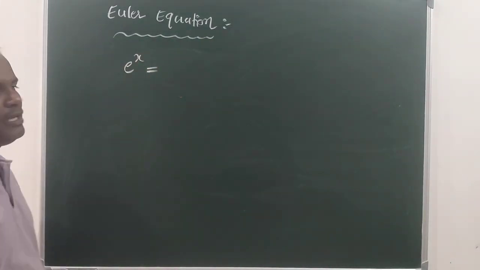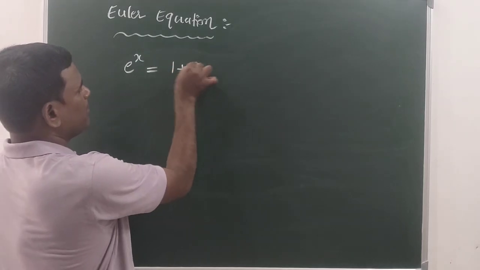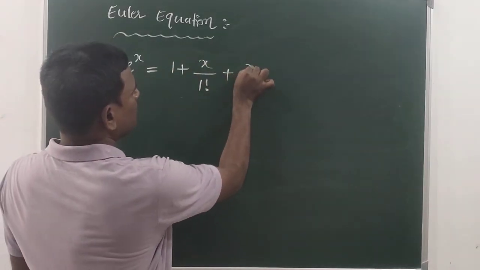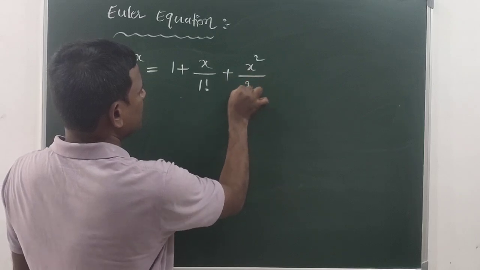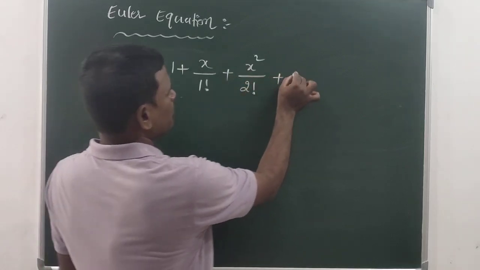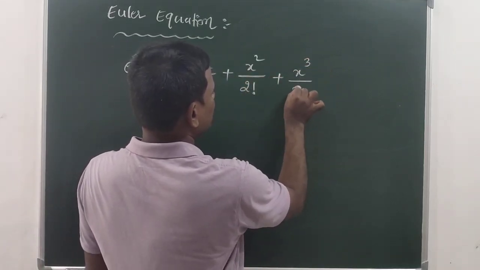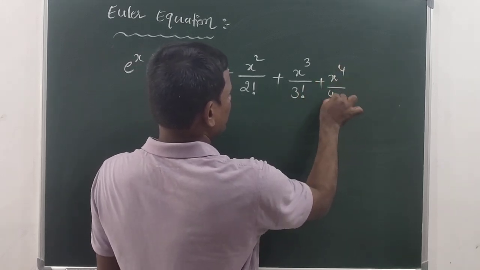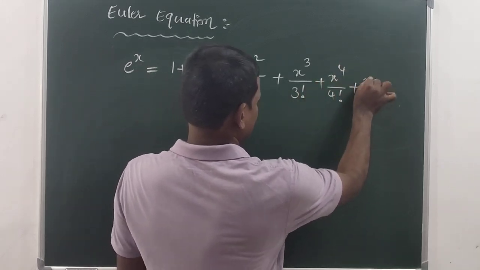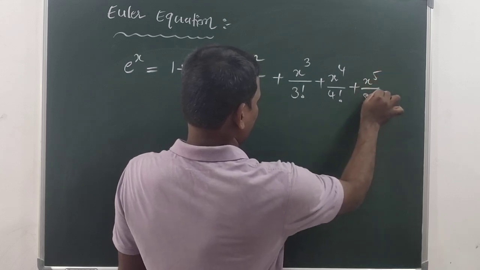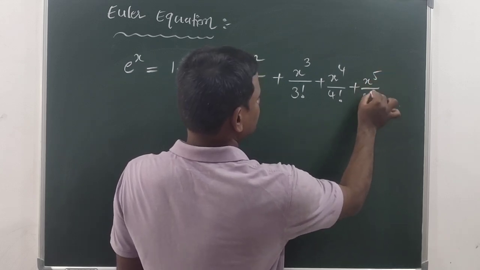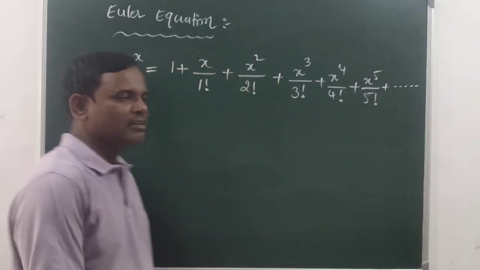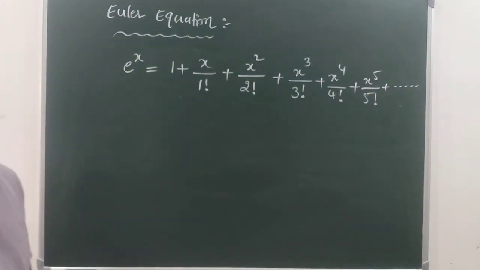You know, e power x is equal to 1 plus x by 1 factorial plus x square by 2 factorial plus x cube by 3 factorial plus x power 4 by 4 factorial plus x power 5 by 5 factorial and so on. Like infinitely many terms will come.